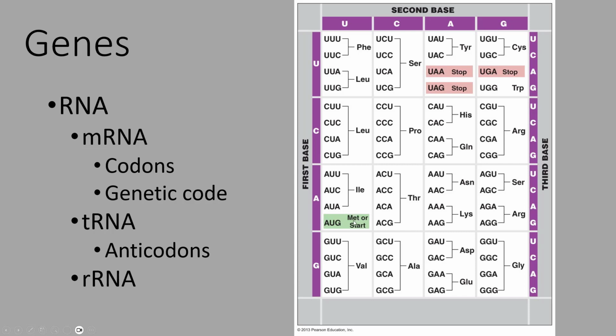If they don't need it, it's cut off later. But methionine is at the start of every growing protein. And now we're going to read 3 letters at a time, until we get to one of these 3 guys that says stop making protein here.